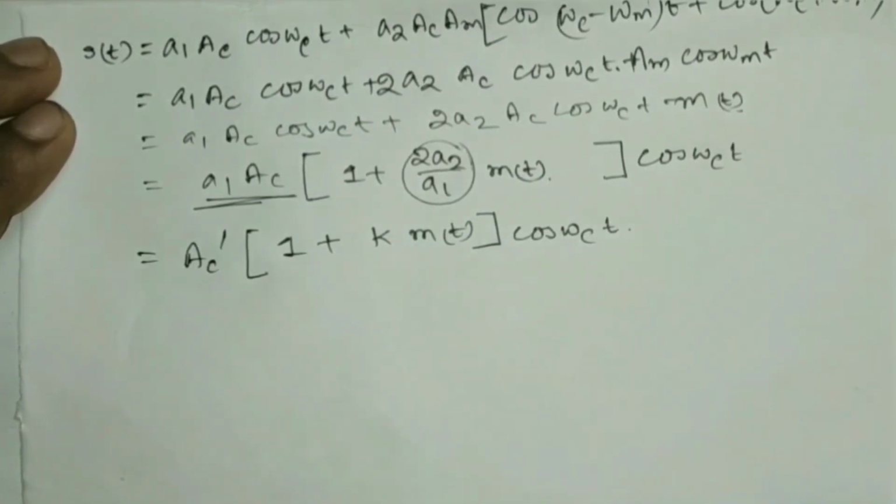This equation is equivalent to the equation of an amplitude modulated signal, where Ac dash is the modulated amplitude and k is a constant equivalent to the inverse of the amplitude of the carrier signal. So thus, using square law modulator, we can generate an amplitude modulated signal.